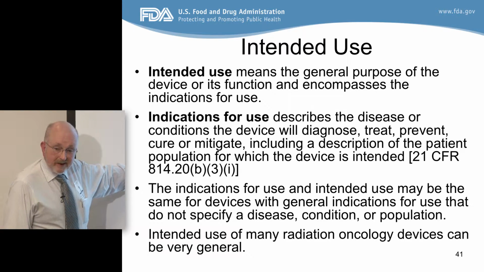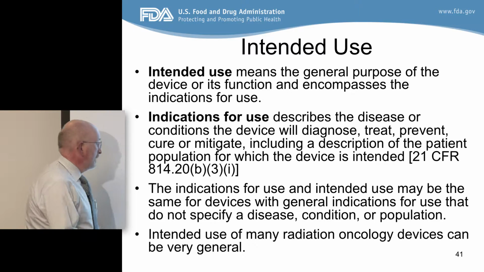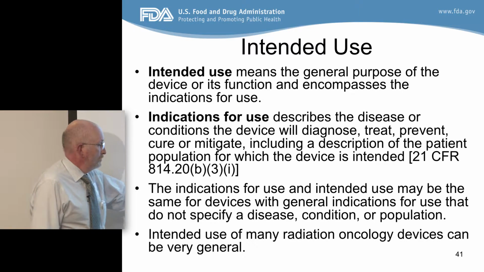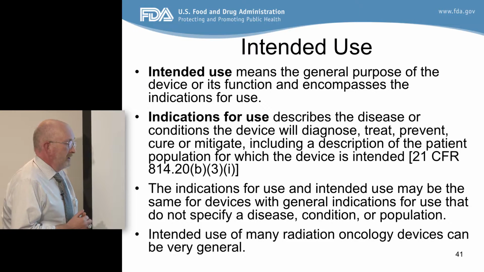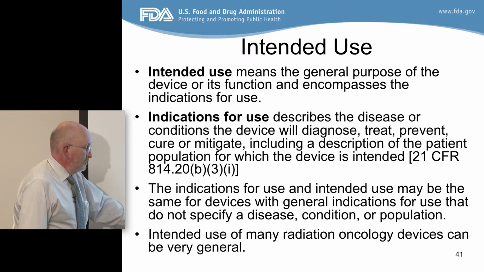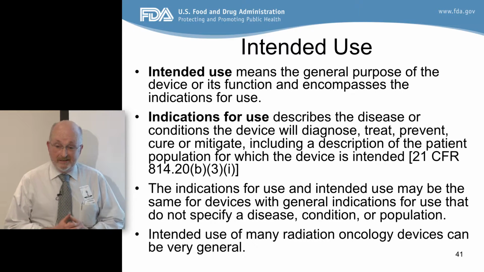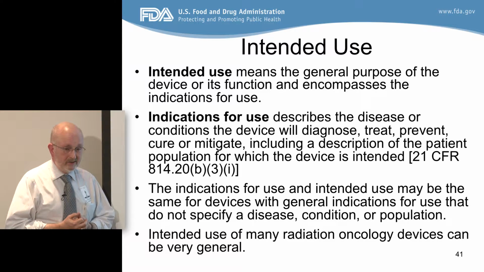That last little phrase is an important phrase. The indications for use and the intended use may be the same for devices with general indications for use that do not specify a disease, condition, or population. Intended uses of many radiation oncology devices are very general. We've been using them a long time to treat cancer patients.